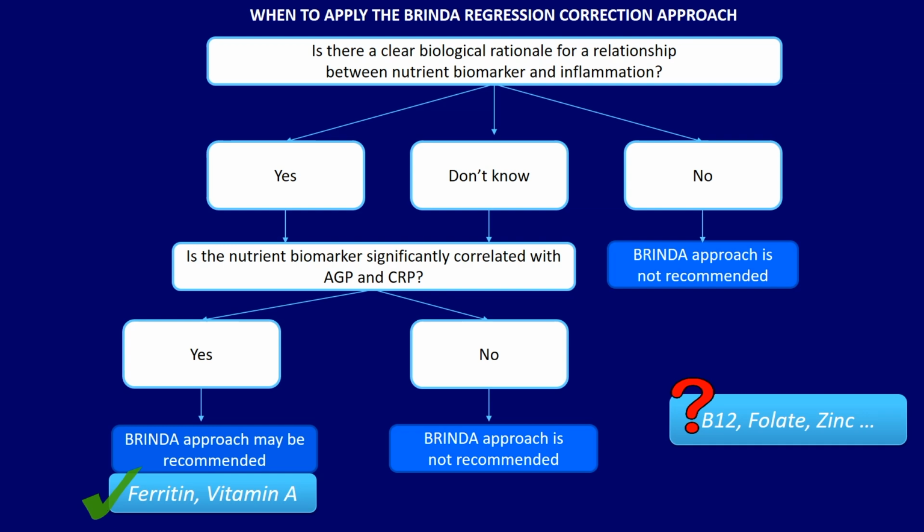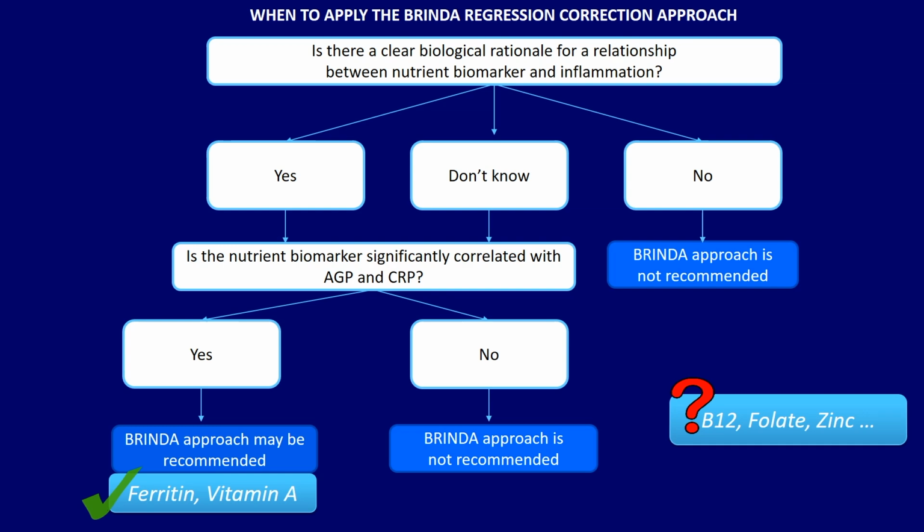If the answer is yes, or even if we don't know, the next step is to look at the data and see if there is a meaningful association between the nutrient biomarker and inflammation biomarkers. If a meaningful association does exist, then the approach may be recommended. If a meaningful association does not exist, then again there's no need to apply the BRINDA regression approach.